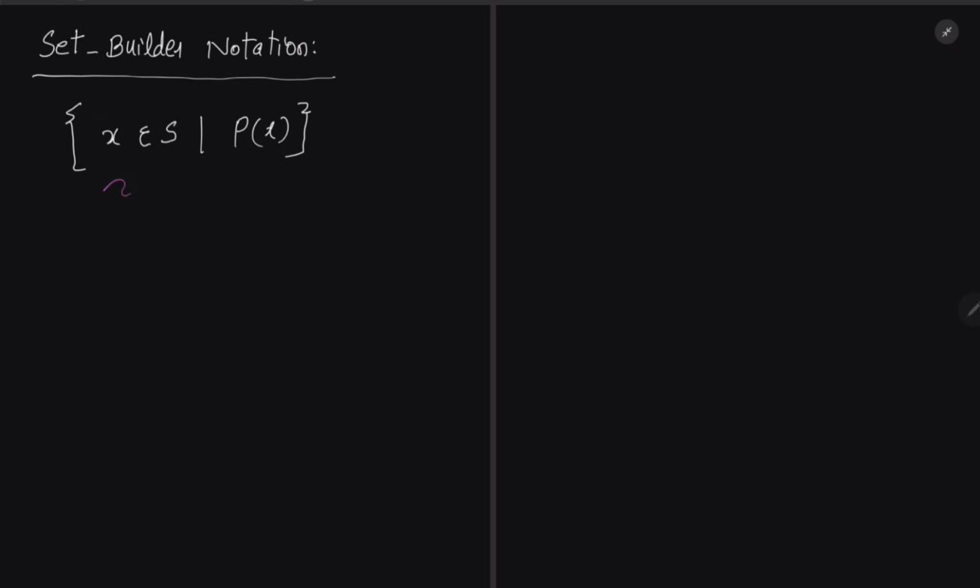Here, I need to identify some of the unknown things. The first thing is S, it is a set. P is the property of elements in a set.